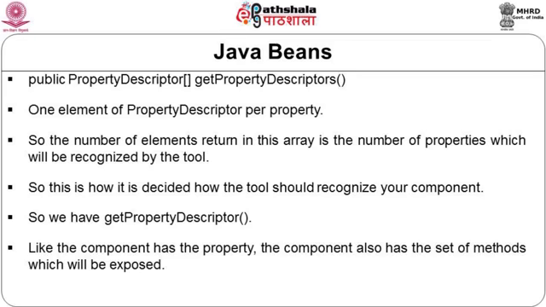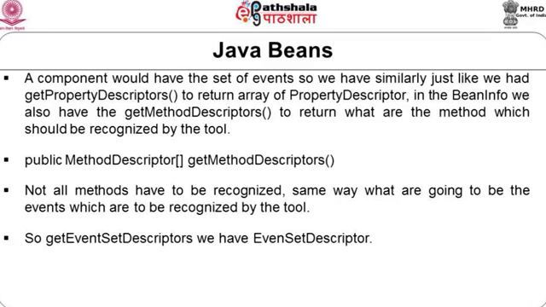Just like a component has a set of properties, a component also has a set of methods which will be exposed. A component would have a set of events. So, similarly, just like we had the method getPropertyDescriptors to return an array of PropertyDescriptor in the BeanInfo, we also have getMethodDescriptors to return what are the methods which should be recognized by the tool. Not all methods may have to be recognized.